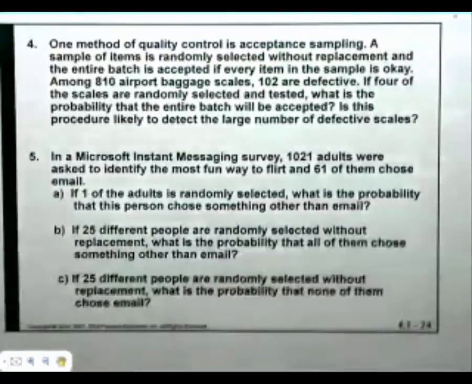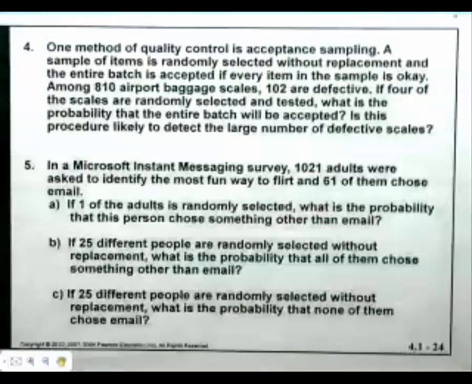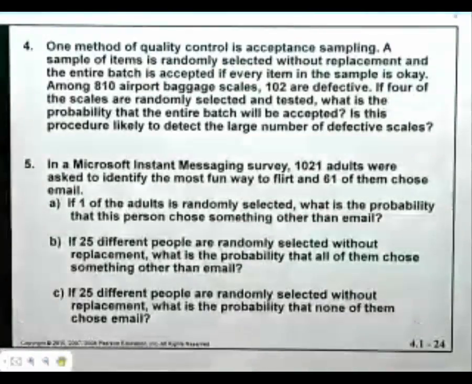Number 4, very, very real life. In industry, quality control is important. If you don't make a quality product, you are going to go out of business. Now, if you're making, let's say, bolts that hold really important things together, bridges maybe, you probably make 10,000 bolts a day.